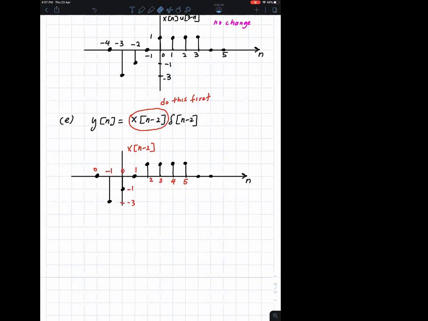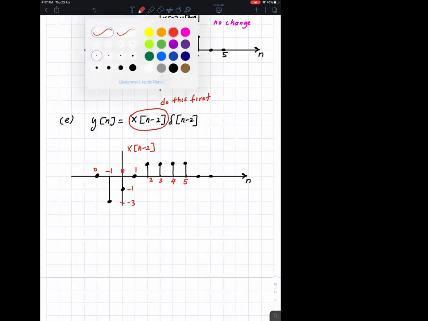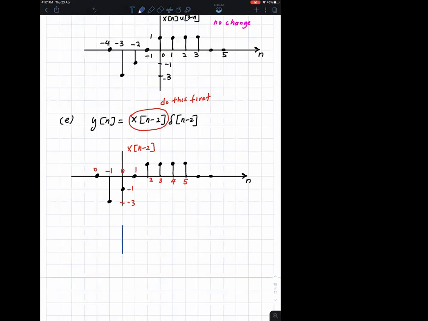So delta function is going to be appearing here, just at n equals 2, amplitude is 1. Okay, so that is the delta function definition. According to the definition of the delta function, you're going to have a spike when n equals 2.